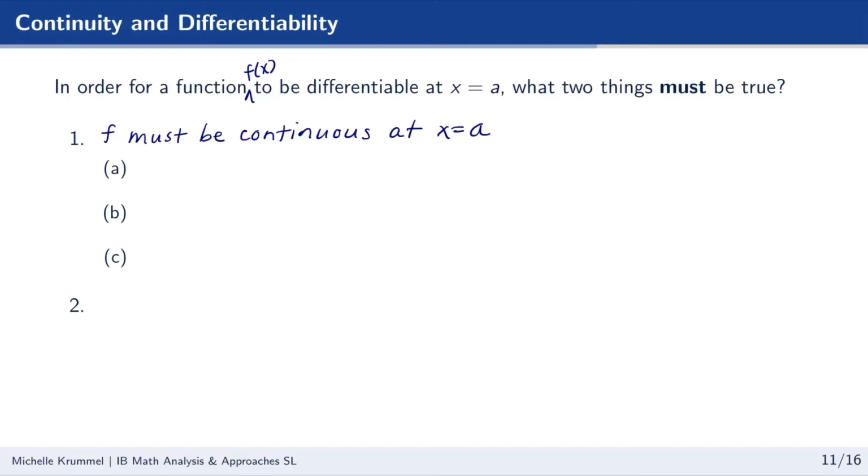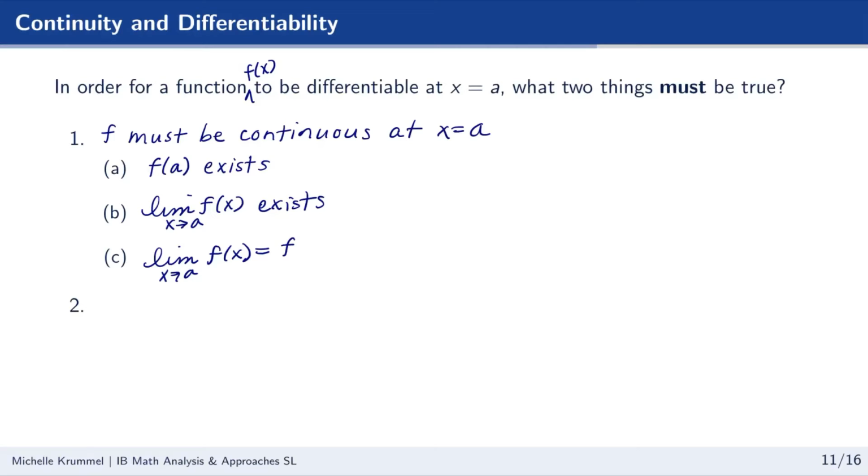So in order for it to be continuous, what must be true? f of a exists. The limit of f of x as x approaches a must exist. And those two things must equal each other. The limit as x approaches a of f of x must equal f of a, otherwise we could have a removable discontinuity.